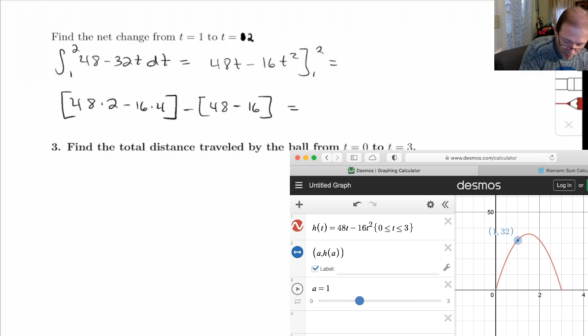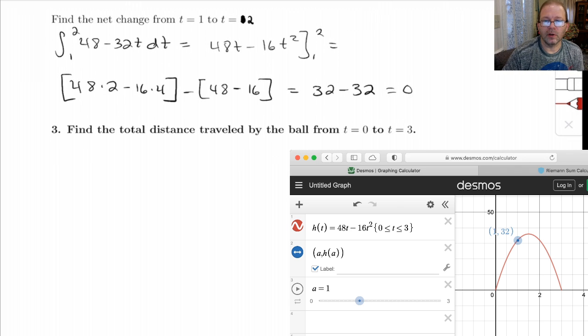And now, this first number, 48 times 2 minus 16 times 4 gives me 32. 48 minus 16 is also 32, and that gives me 0. So really, what that's doing, let me put in another thing here.